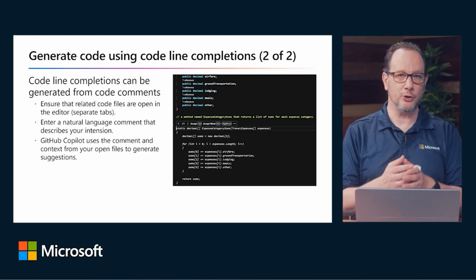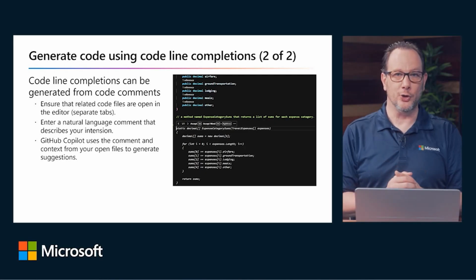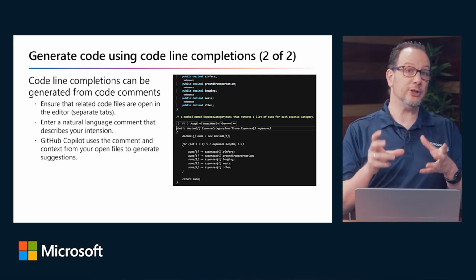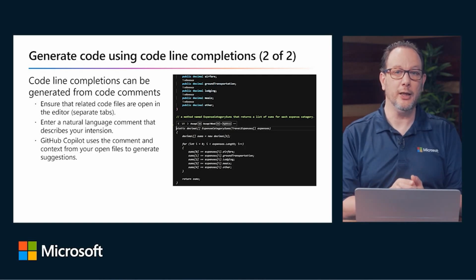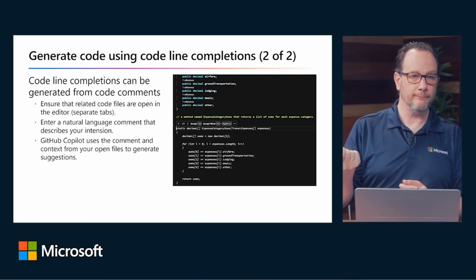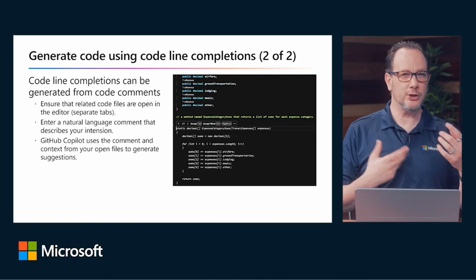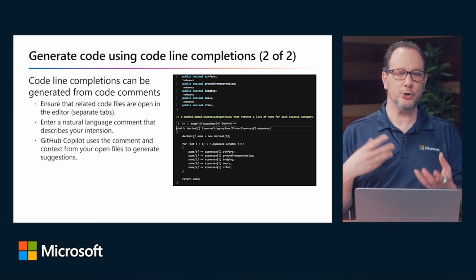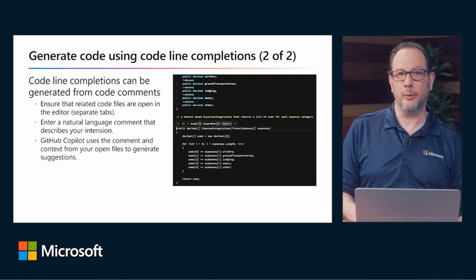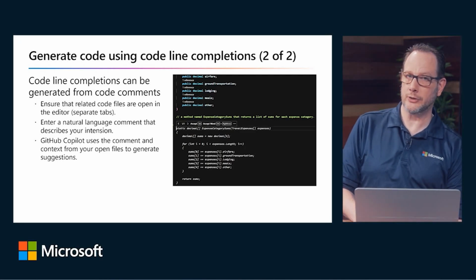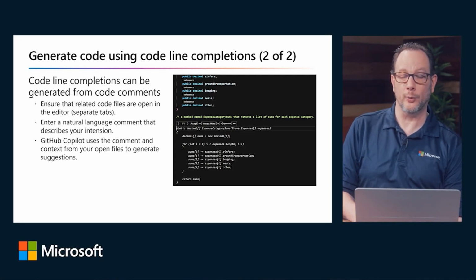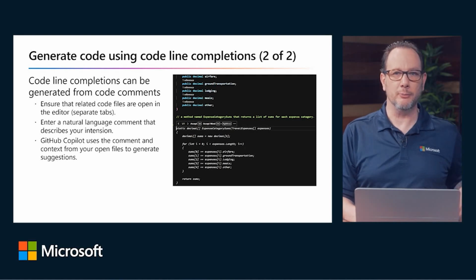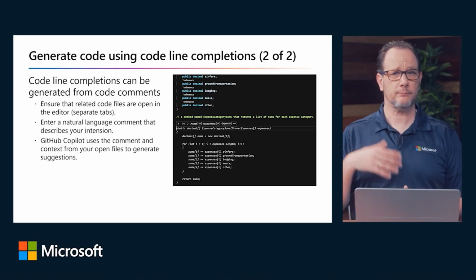For some reason, after the break or after talking to your colleague, you want to go back to your original project that you were developing, but you forget to close the other one. And it might be a different language, which now is confusing GitHub Copilot. So I would say make sure that you're not opening too many files that are not relevant or related to the project you're in, because it might confuse the tooling a little bit.